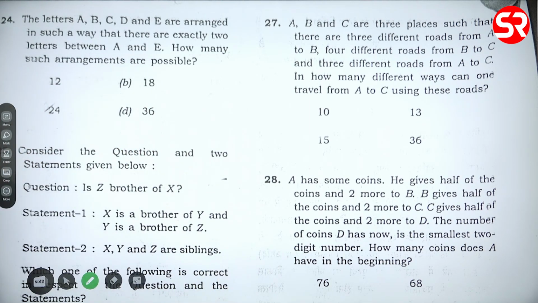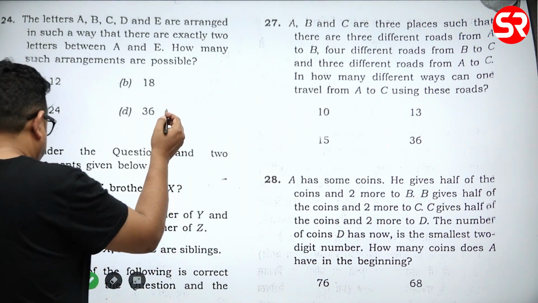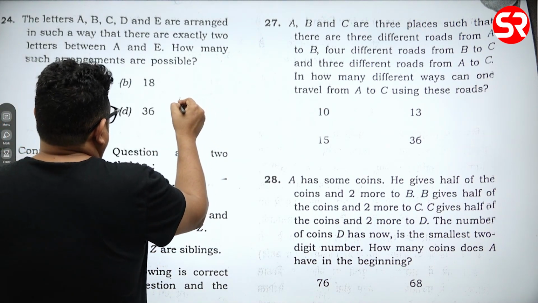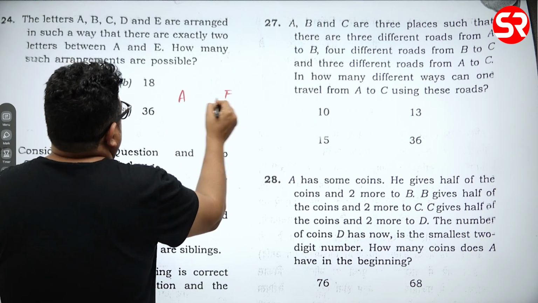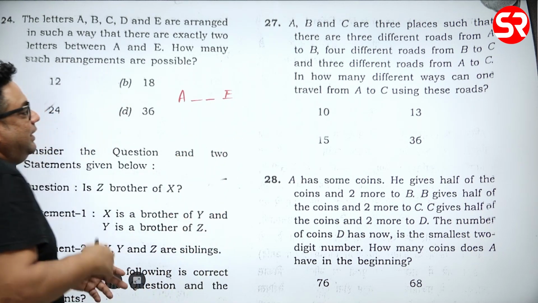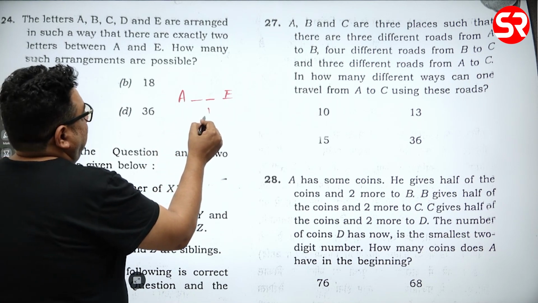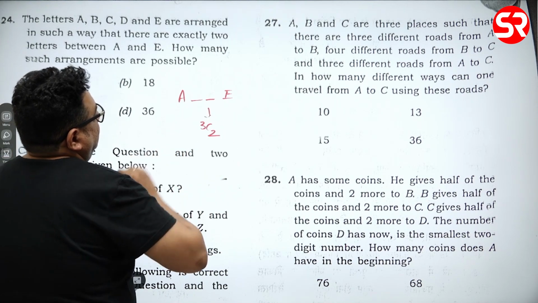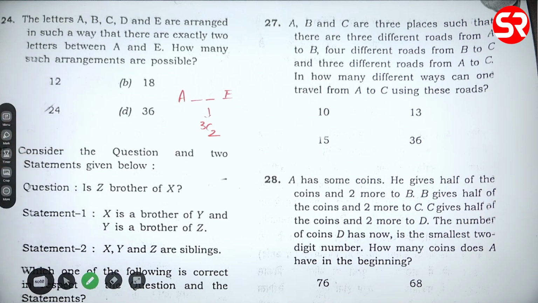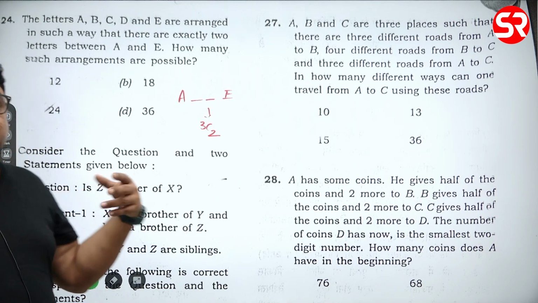A, B, C, D, E are arranged in such a way that there are exactly two letters between A and D. Oh my God. So you put A, D, two letters. So A, D are fixed, two letters, but there are three left. So these two places can be filled in 3C2 ways. And you should write 3P2 also.